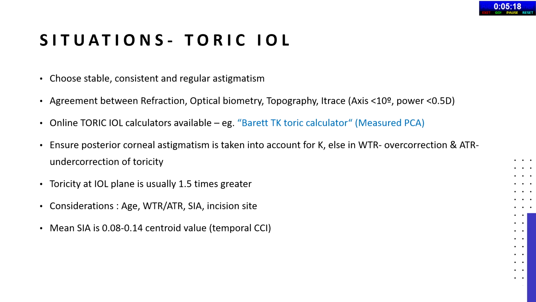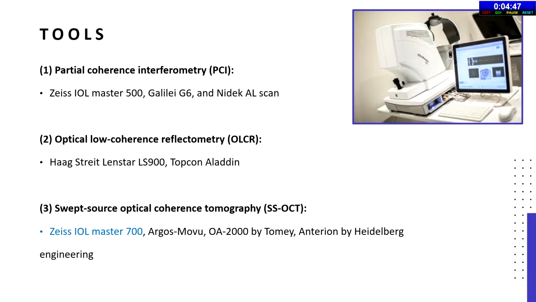Although the mean SIA now has been shown to be less than 0.2 mm for a temporal clear corneal incision by various studies, it is always good to keep a track of the surgeon's induced astigmatism. And whenever there is rotation in the post-operative period, we have tools like astigmatismfix.com, Barrett RX formula, or the EyeTrace, which will actually help us in re-rotating the toric IOL and bringing it into the correct aligned axis.